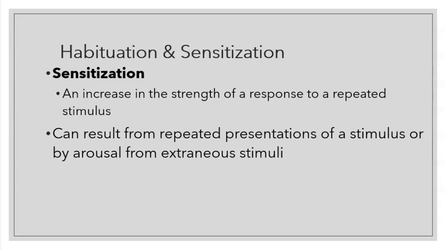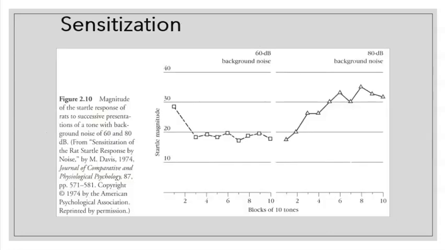Now, sensitization can result from repeated presentations of a stimulus, or also by arousal from an extraneous stimulus. Okay? So here we've just got examples of habituation on the left and sensitization on the right. In both cases, we have a repeated stimulus occur.